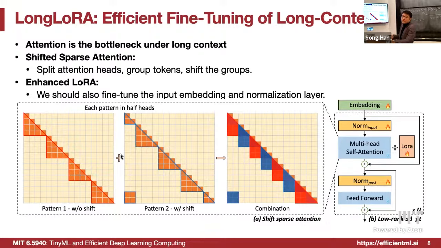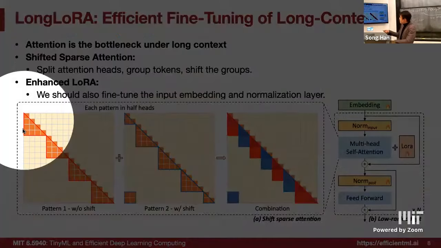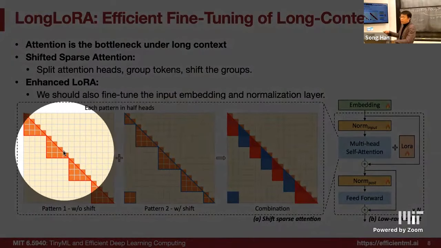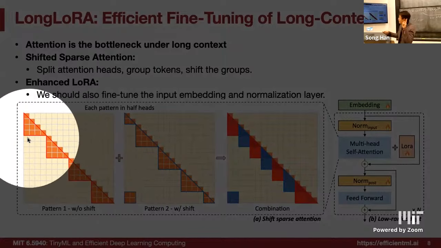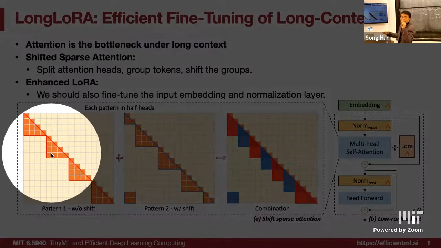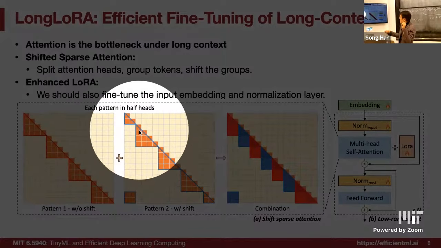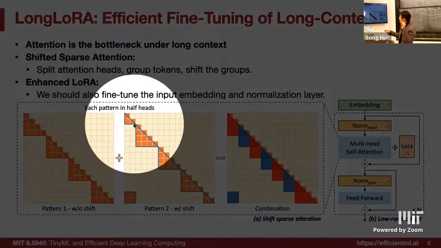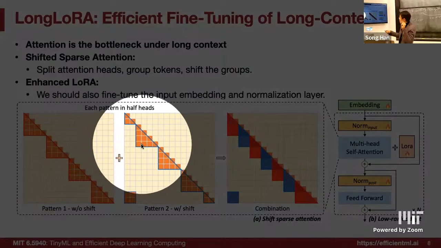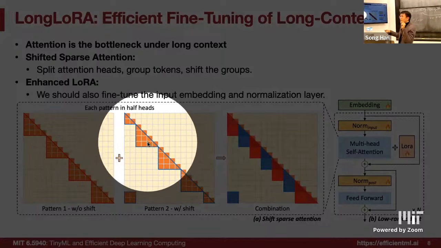This is communicating between tokens. So these 4 tokens and the second 4 tokens cannot communicate if you only have this sparsity pattern. This is within a single head, the first 4 tokens and the second 4 tokens. And this is the other pattern, which is these 4 from the 3rd to the 6th token, right?